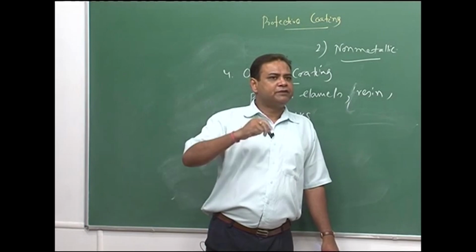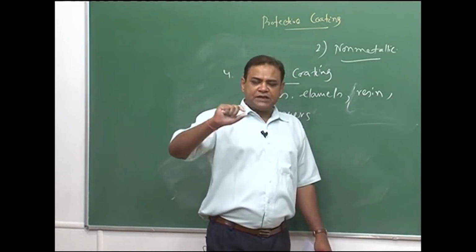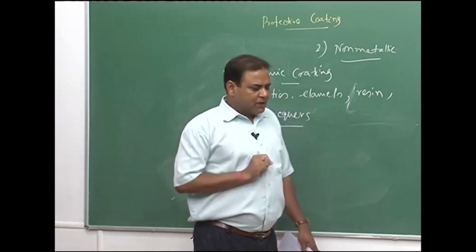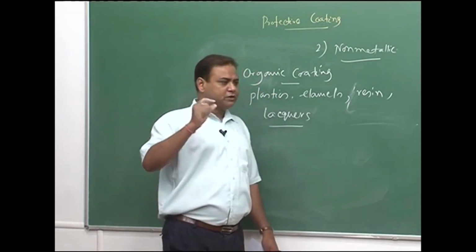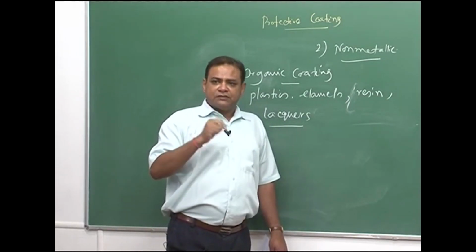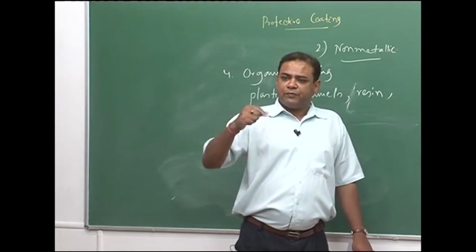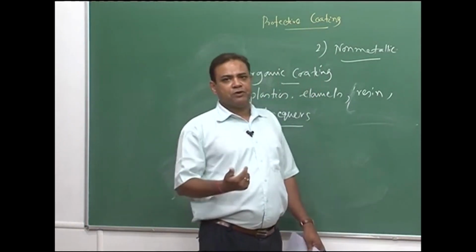In a single coat, the holiday defects would be more, or the coated surface, the organic coating, would have many more defects. That can be very bad from the corrosion resistance point of view.